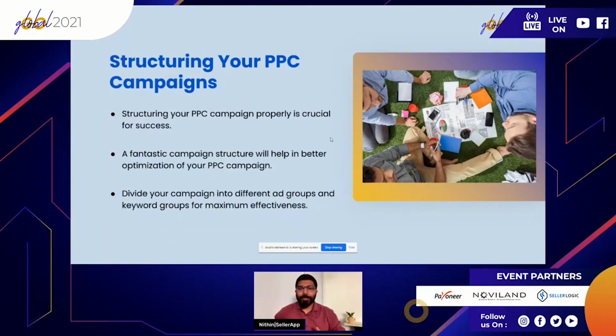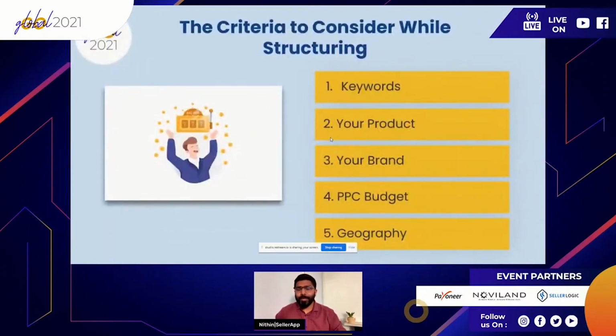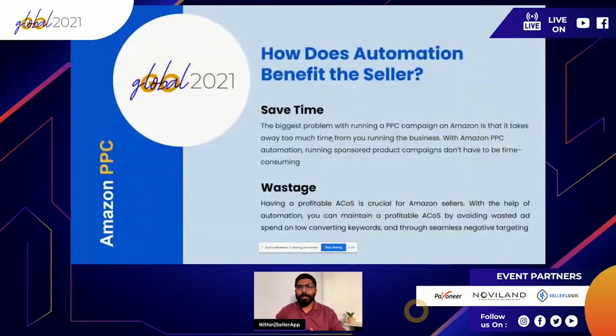So structuring the campaigns based on your keywords, your product, your brand, your budget, or the geography helps you control where you're spending your money through advertisements. If you need more information on this, you could reach out to us and we can help you out with the structuring of the campaigns as well.